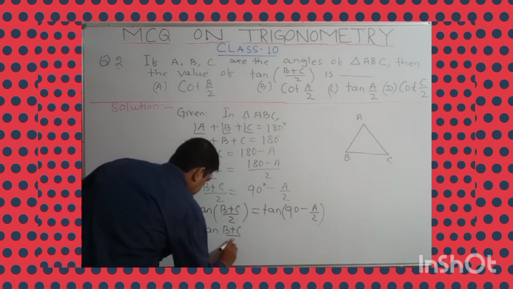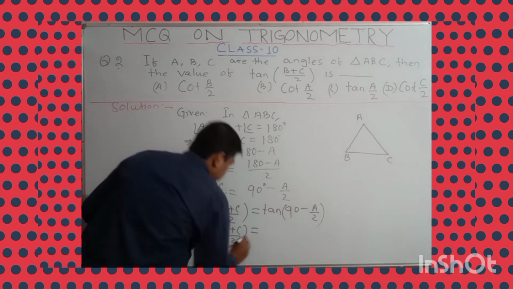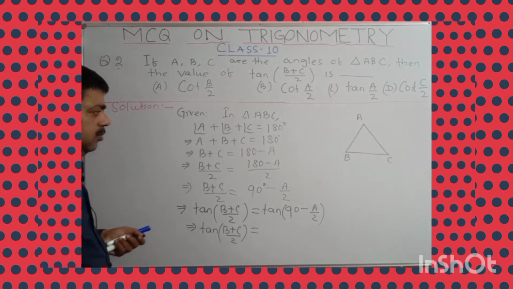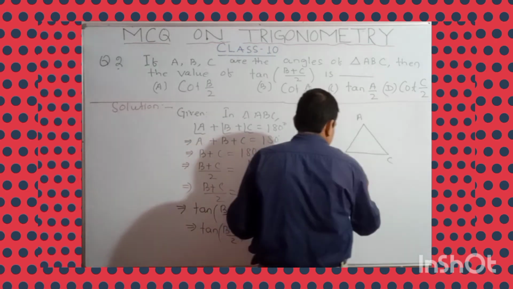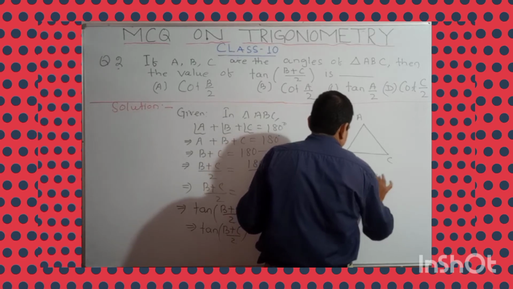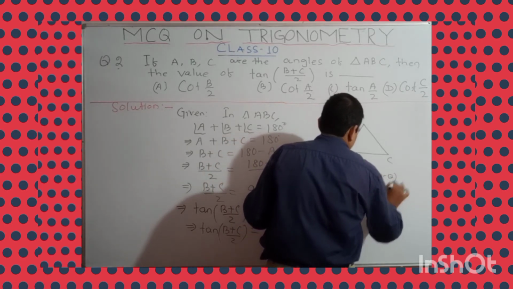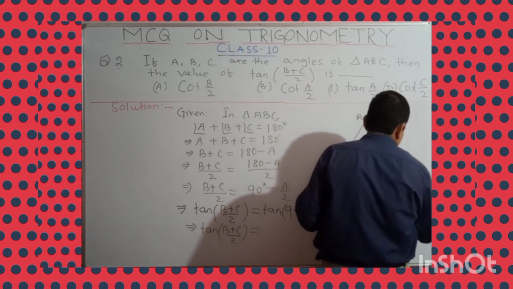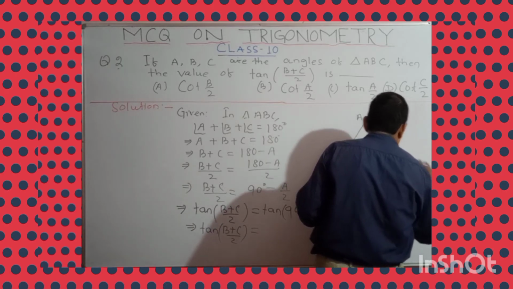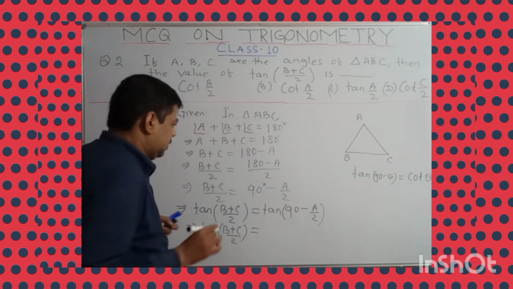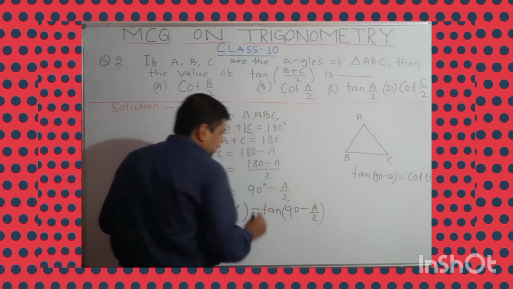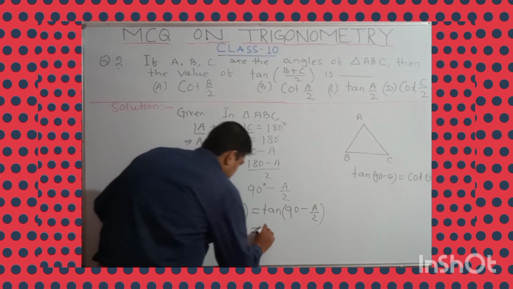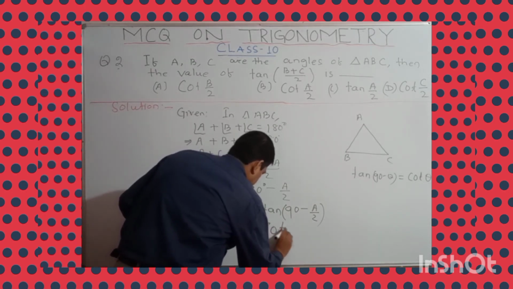What is the formula of tan (90 minus theta)? We know it is cot theta. So in place of tan (90 minus A upon 2), here A upon 2 is in place of theta, you can write cot what?